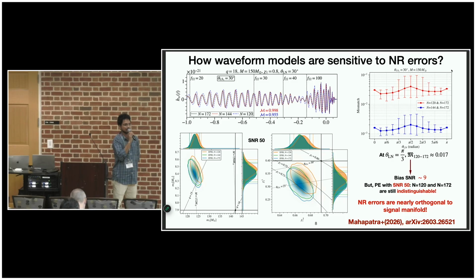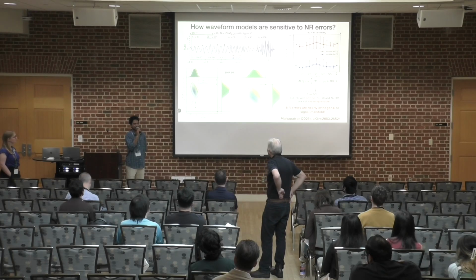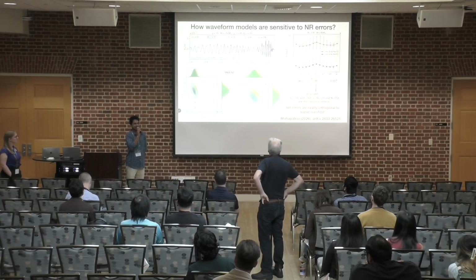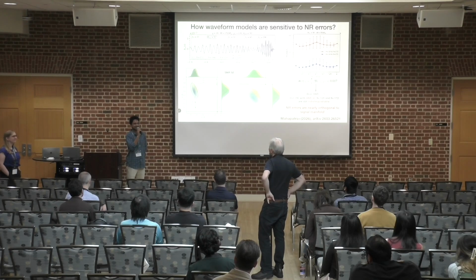Is it expected because those just don't matter, so NR doesn't see it either, and it isn't constrained in the NR simulation? So the short answer is we don't know. We don't know yet. You don't know? Yes. Okay.